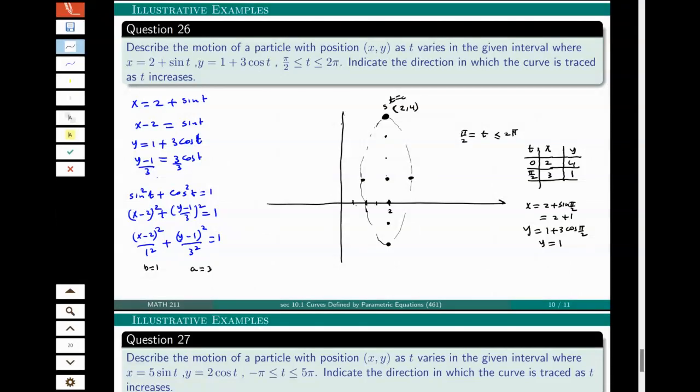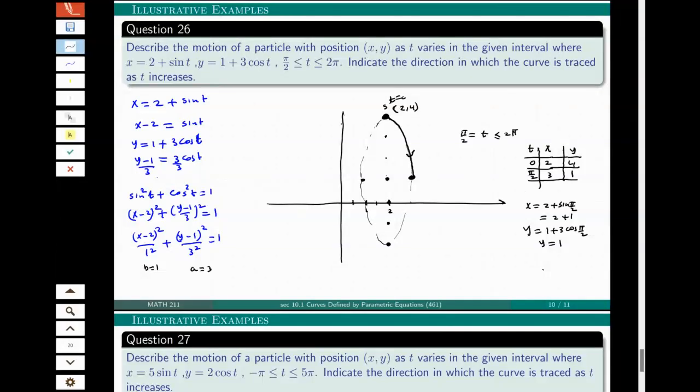So this is 1, 2, 3, and 1, so it will move this way. Okay, it will end up where? It will end up at 2 pi when t is equal to 2 pi. So when t, this is 0, pi over 2.